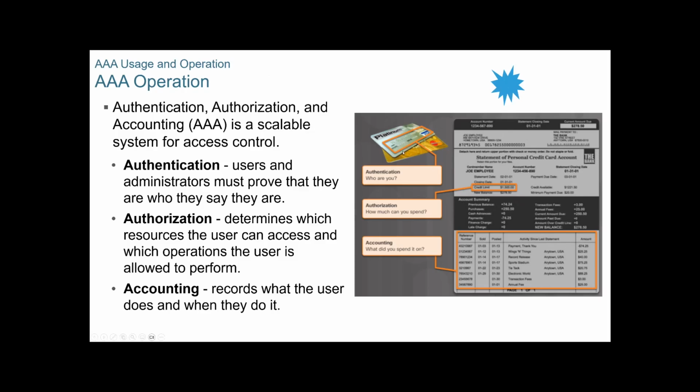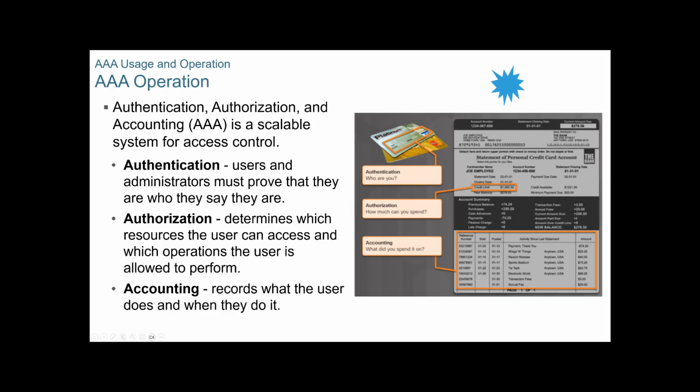You are authenticated when you make a purchase with your credit card, expiration date, and the security code. Are you authorized to use that? Yeah, I know who you are, but are you authorized? The simple example: have you gone over your credit limit? Then you're no longer authorized to spend that.